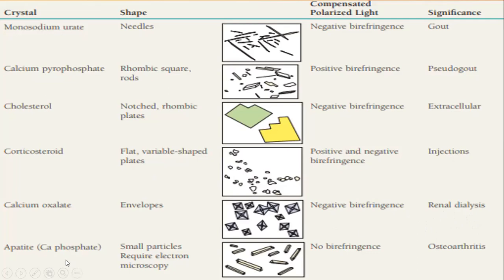And your calcium phosphate or apatite crystals would appear as small particles, usually a triple phosphate or coffin lid appearance, with no birefringence, usually seen in osteoarthritis.